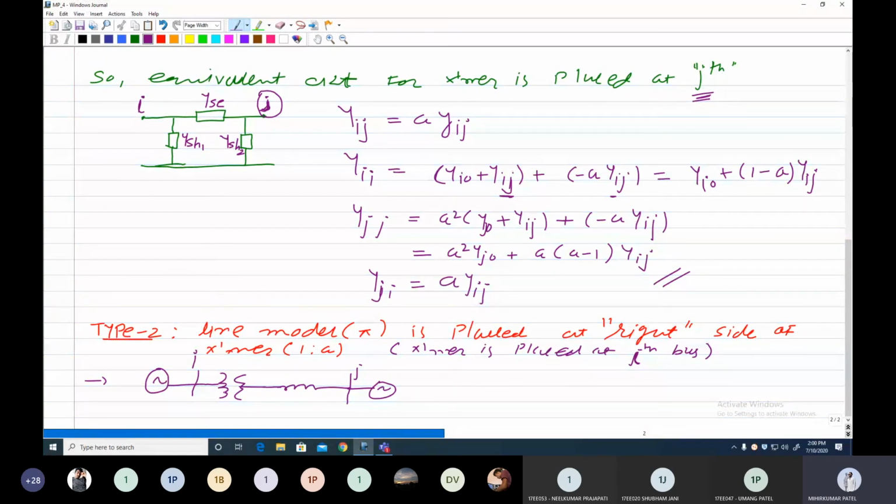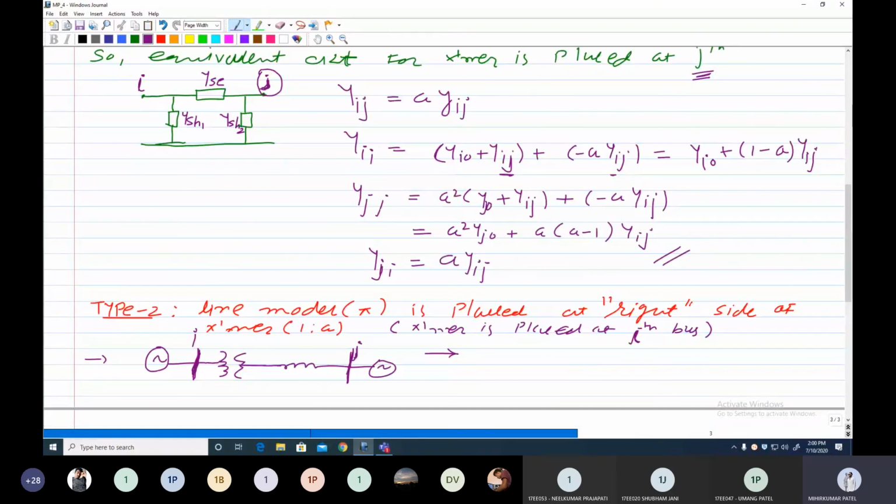I will teach you in a later lecture, but just keep in mind the role of this regulating transformer is to keep the voltage magnitude of this particular bus or transmission line network constant, or to balance the constant voltage magnitude of this network. So clear? Now let us write down directly the final equation.